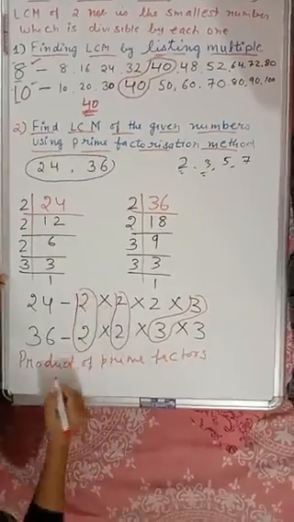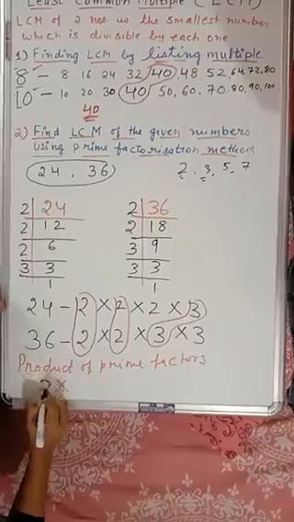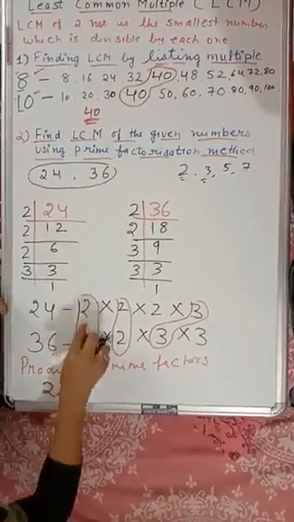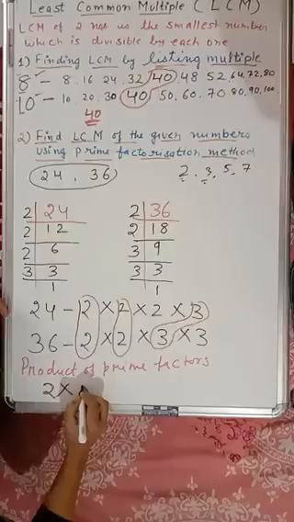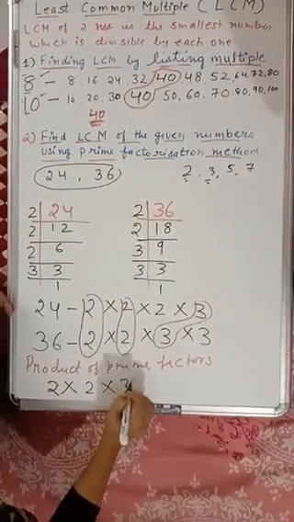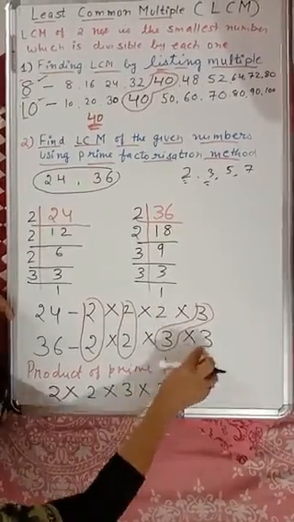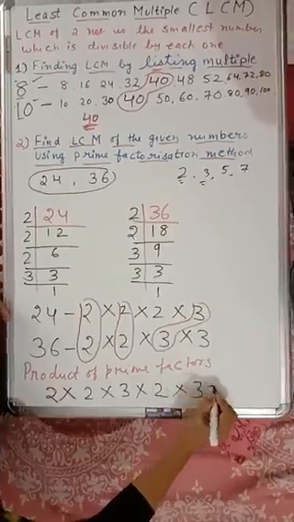We will take one 2 from here, so we write 2 into, one 2 from this pair, and one 3 from this pair. Now the ones which are left, this 2 we also have to include here, and this one which is left we have to include too.